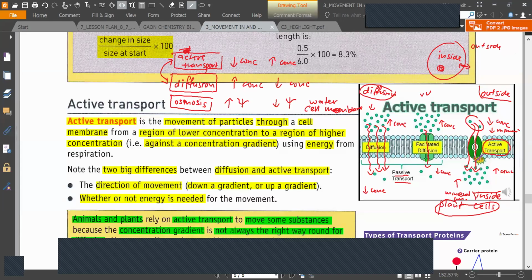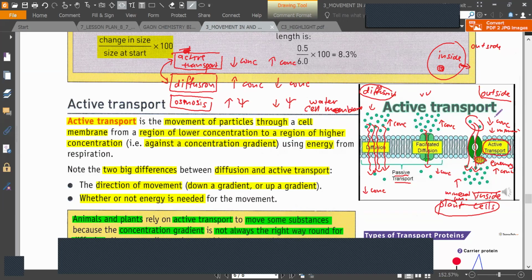But in this case, it's not free. Diffusion happens by itself, it is free. But active transport is not free because it does not follow the concentration gradient. So I need to use ATP. ATP means I need to use energy. So this is the concept of active transport.